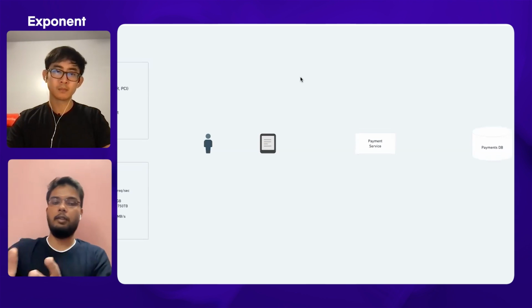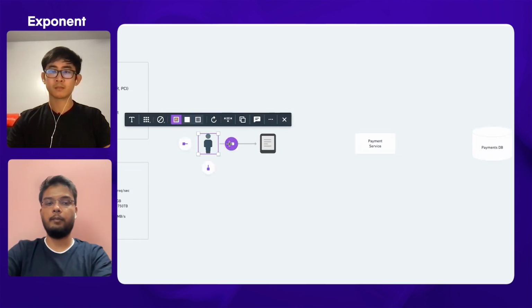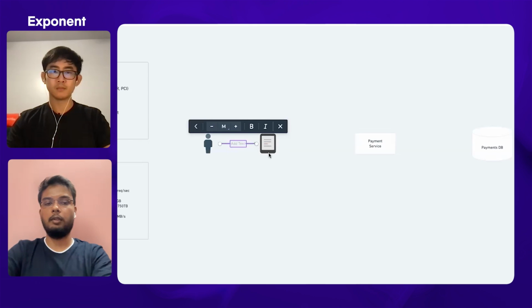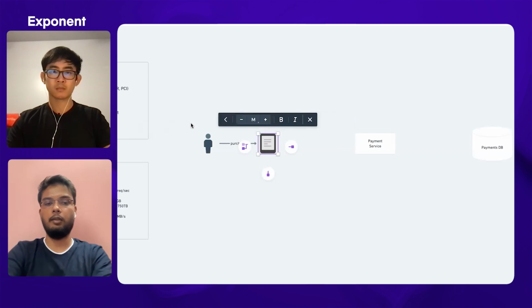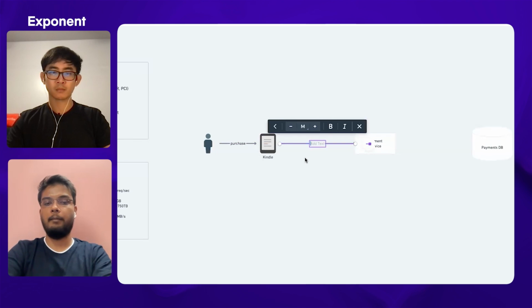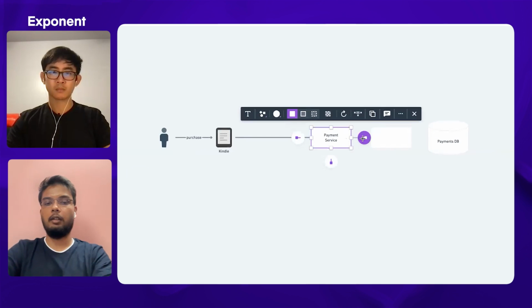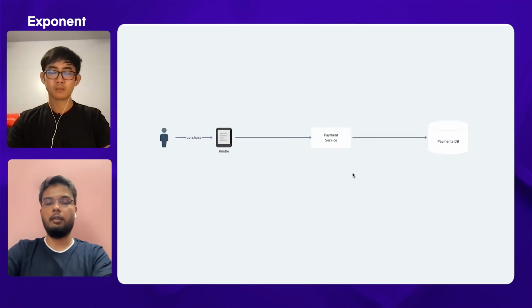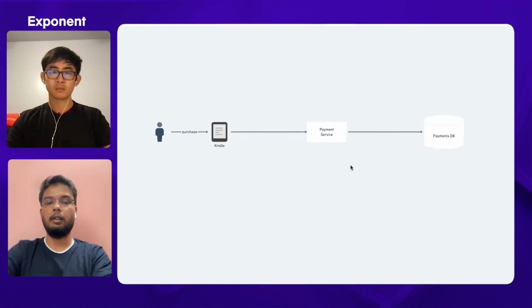They will be just sending requests to the backend. So let's do the purchase, and let's do Kindle. Okay, I'll get back to this step and go to the payments DB.